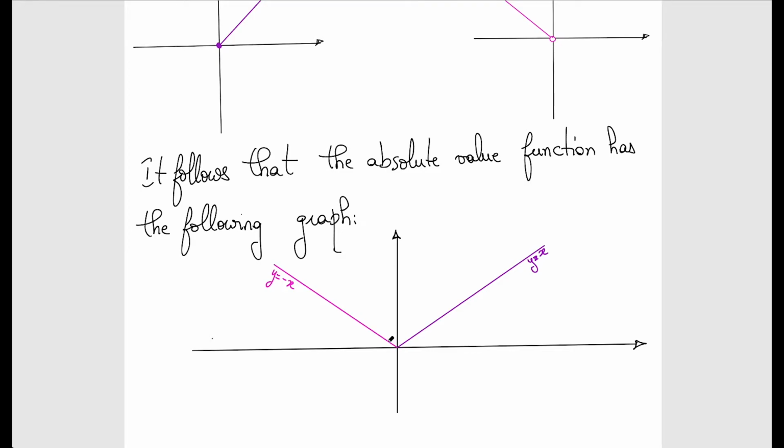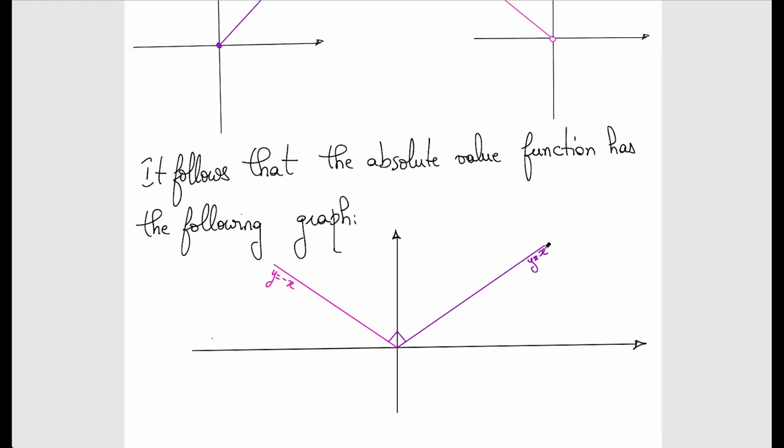Just a comment here. Are these two lines perpendicular? So is this angle 90 degrees? Well, what's the algebraic characterization of two lines being perpendicular? It means that the product of their slopes is -1.